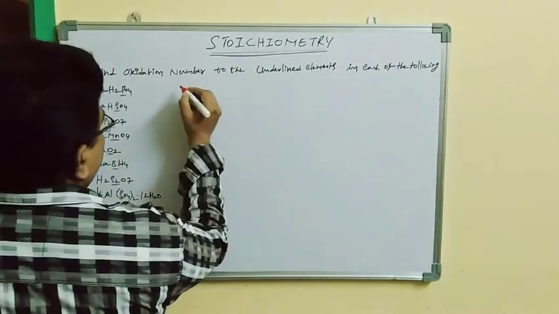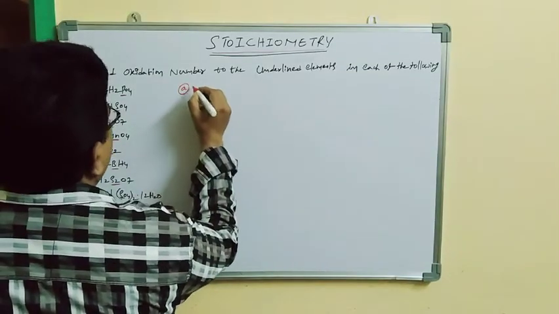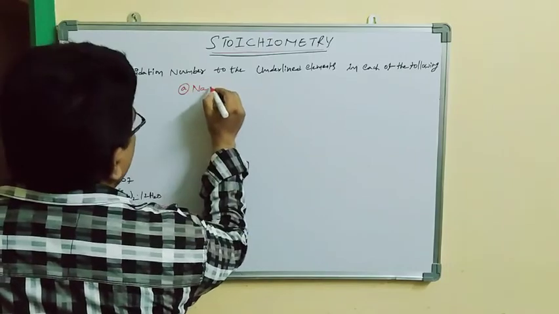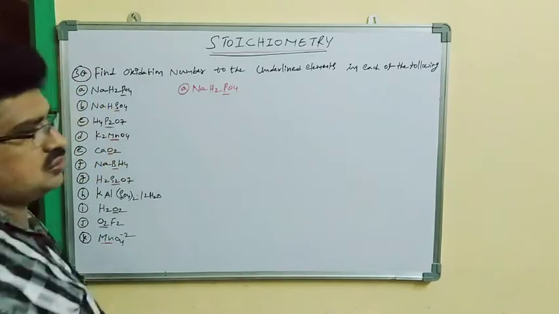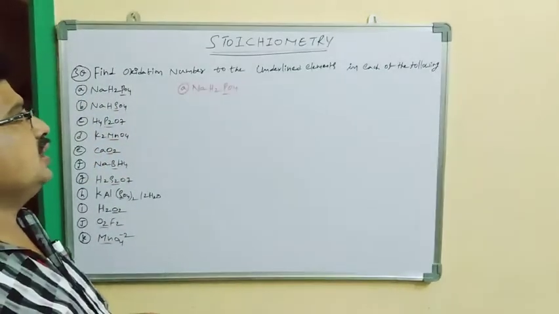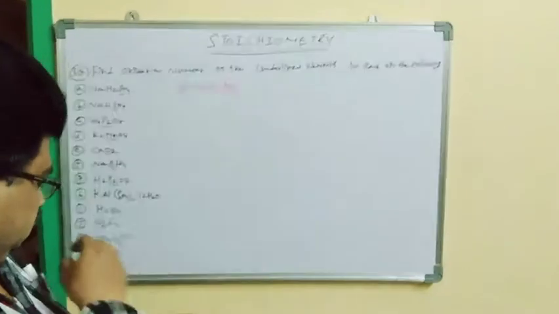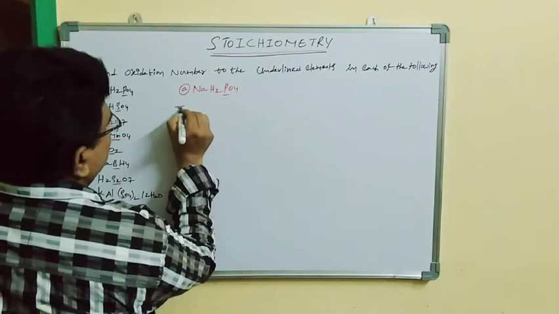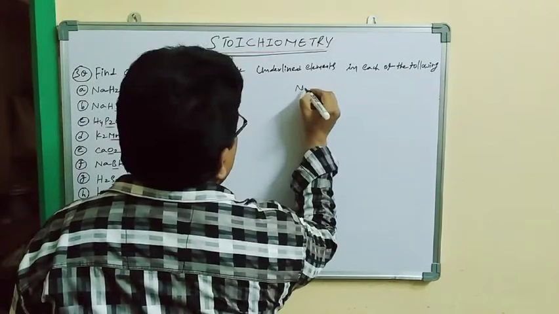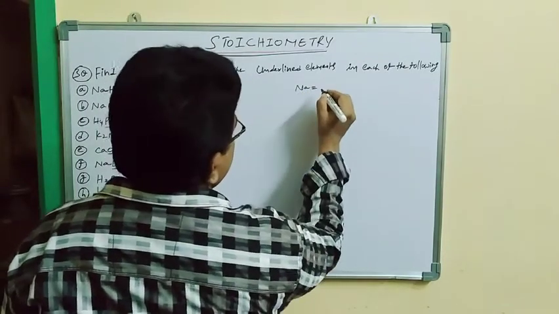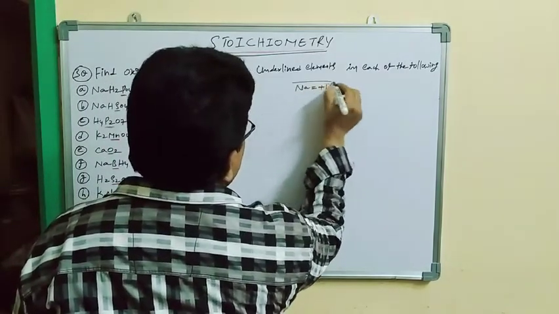So they give compounds like this. I am finding the first one, NaH2PO4, sodium hydrogen phosphate. The underlying element is phosphorus. Sodium belongs to the first group, 1A, so the sodium charge is +1.